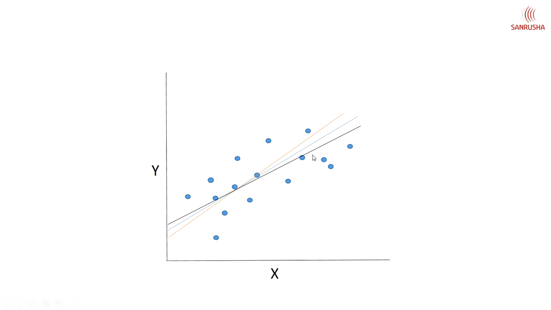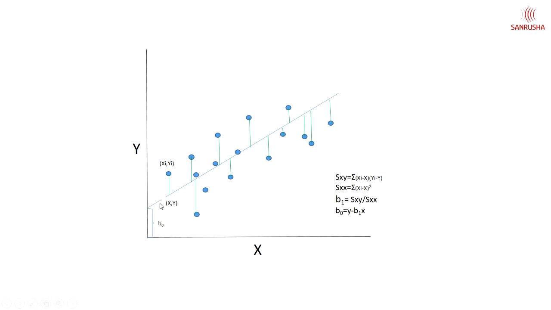How do we know which one is optimal, which one is the best line, which one is showing the trend in the most optimal way? To find that out, there is something called mathematical least squares. That means you take one of those lines and then you draw vertical lines from your trend line to the actual points.